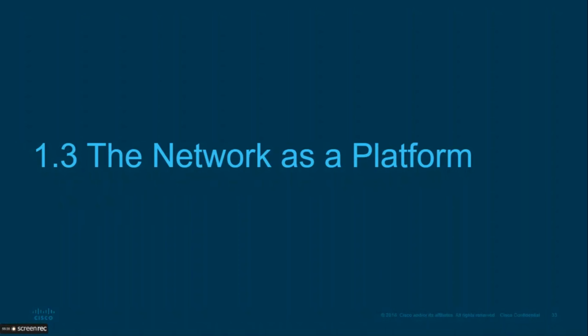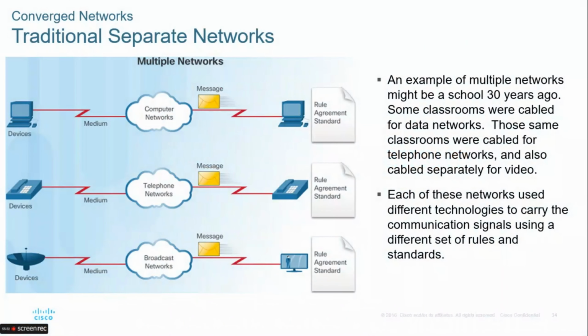Now, the network as a platform. What do they mean when they say network as a platform? Traditional separate networks: 30 years ago, how were the networks? And currently in the 21st century, how are the networks? The networking technologies used 30 years ago are totally different from what we are using currently.